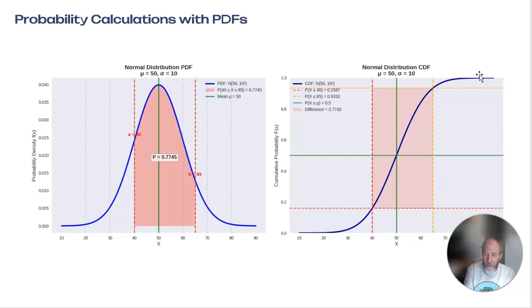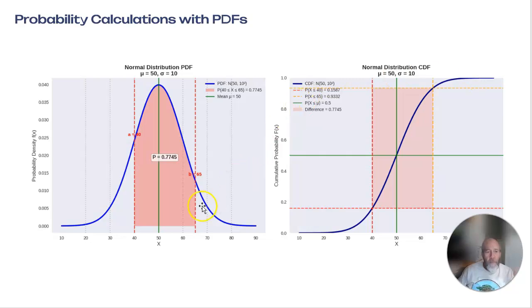To find the probability using the CDF, you take the cumulative probability at the bigger number and subtract the cumulative probability at the lower number, which should give you the same value as using the PDF.